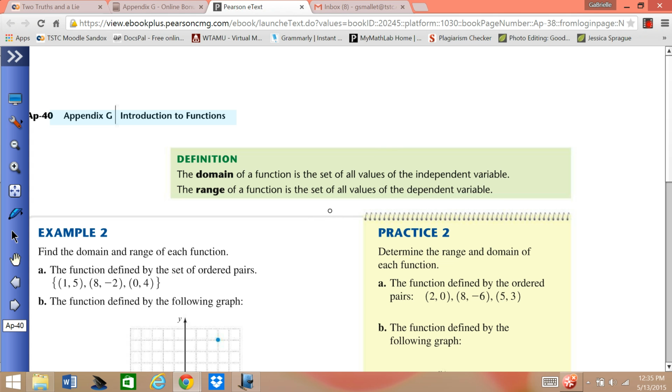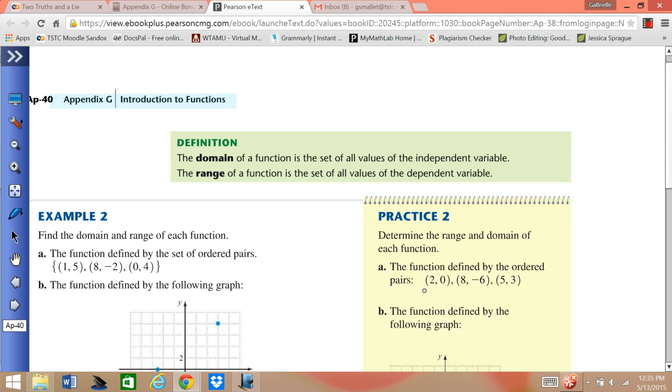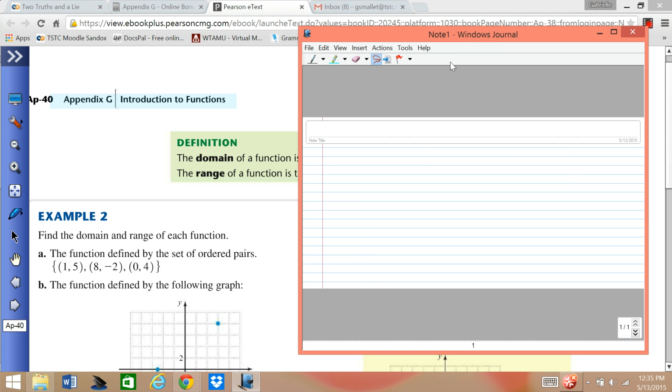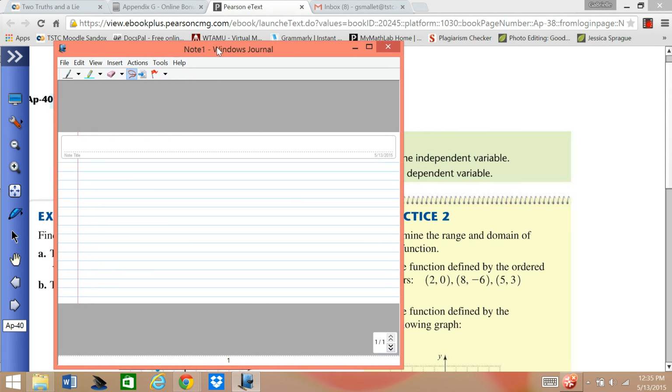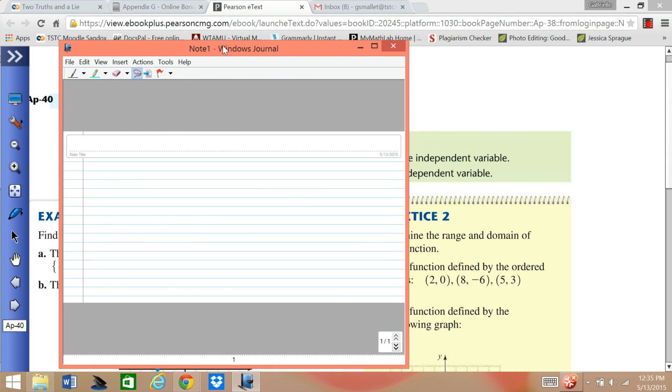So let's look at practice 2a. Notice here we have a relation: 2, 0, 8, -6, and 5, 3. What we need to do is identify what the domain is and what the range is within this relation. My domain is all of the first values, or the x values.